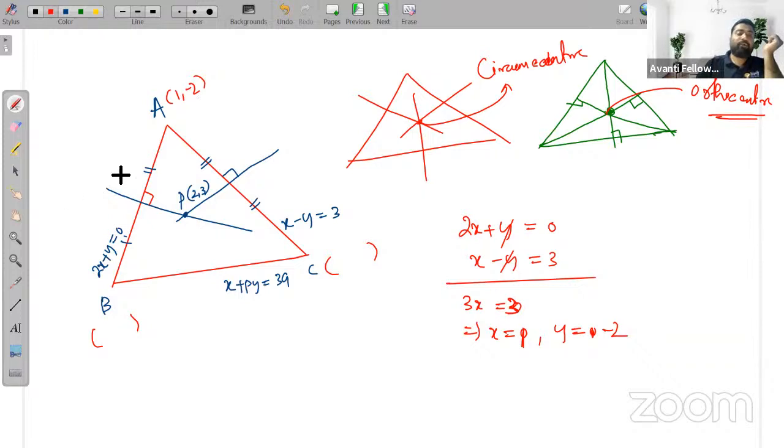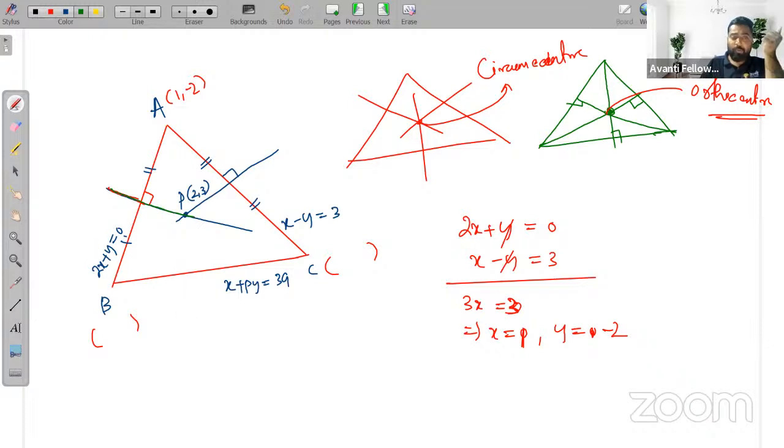Now, you know these two lines are perpendicular to each other. Suppose this green line and AB are perpendicular to each other. That means the product of their slopes will be -1.